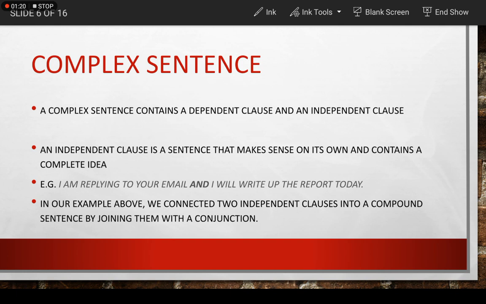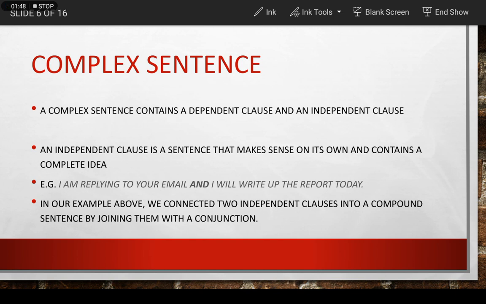A complex sentence does not contain two independent clauses or two simple sentences. Here we have one dependent clause and one independent clause. And what is a dependent clause? An independent clause is a sentence that makes sense on its own and contains a complete idea.